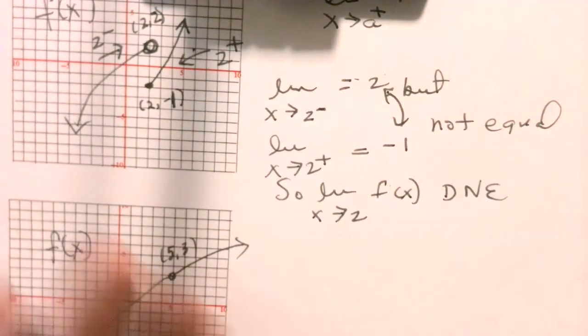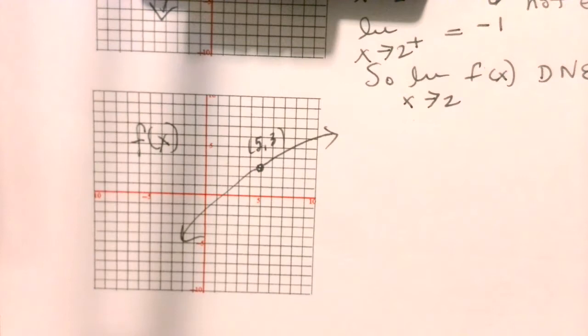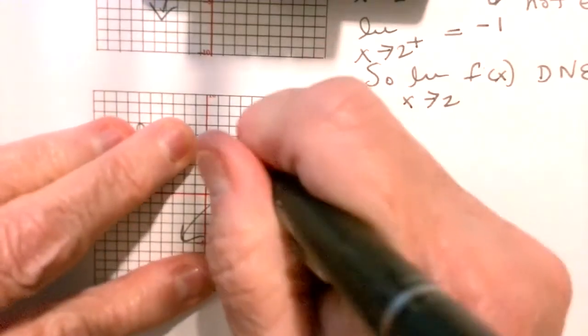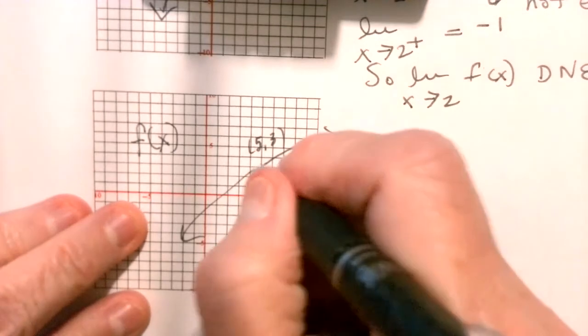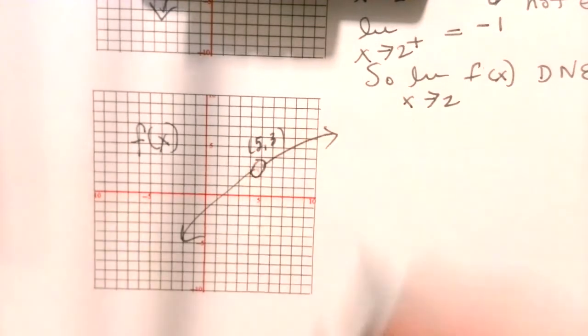Okay. Now let's look at this other function. It's a different function, and there is a hole. So let me make the hole look like a hole right there. There's a hole right here. So the function's not defined at (5, 3).